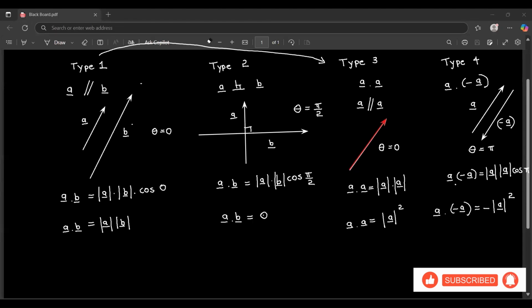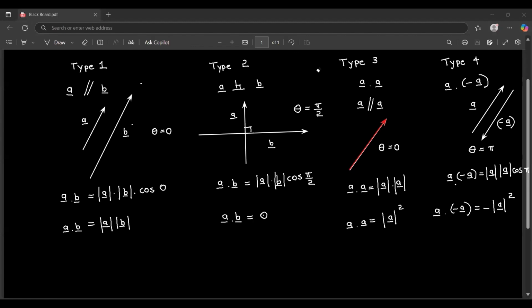These are some observations that we can see when we are applying the dot product to some vectors. So to summarize, we have 4 observations. If A is parallel to B, A dot B will be equal to absolute value of A into absolute value of B. And if A is perpendicular to B, A dot B will be equal to 0.